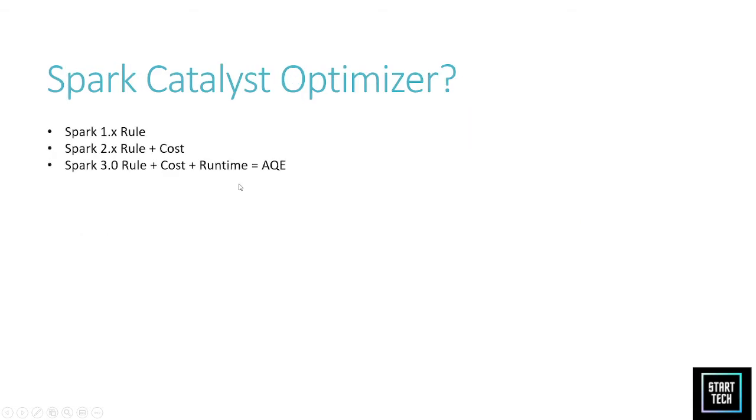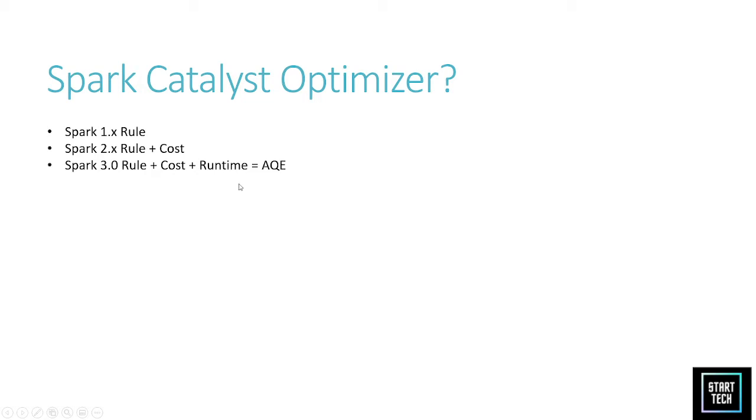So as of now, in 3.0, the Catalyst Optimizer, how it was working previously: it was rule based in Spark 1.0. In Spark 2.0, rule based and cost based Catalyst Optimizer was used.